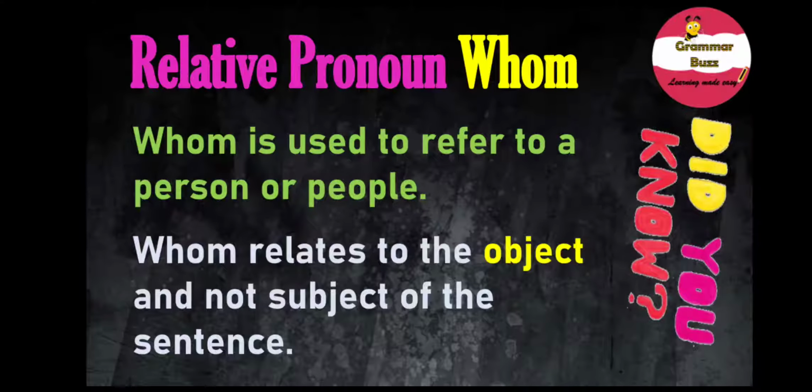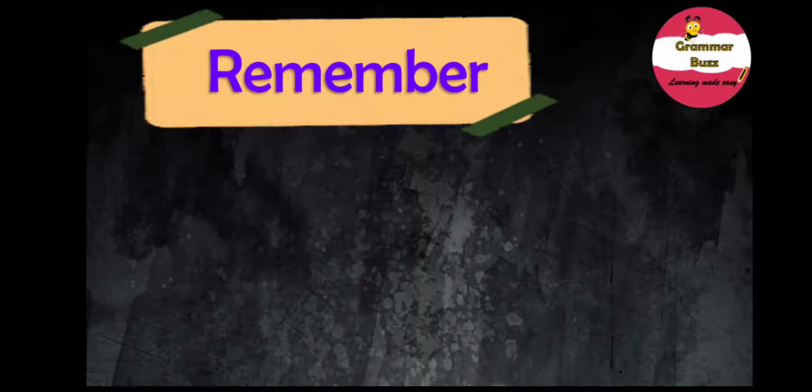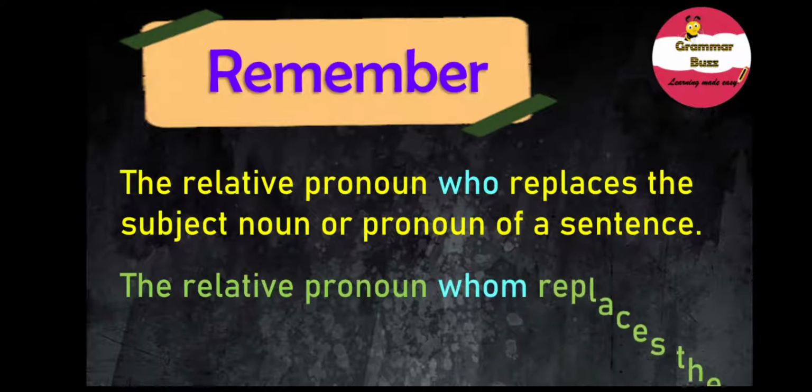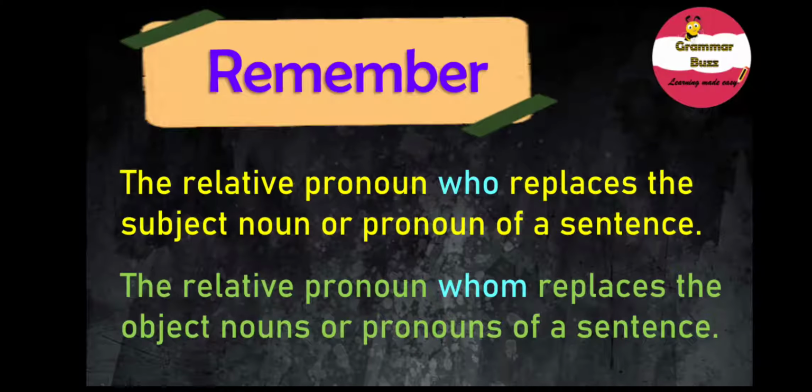Well, you know what? We have our first remember. And what do we need to remember? Well, all that we need to remember is the relative pronoun who replaces the subject noun or pronoun of a sentence. However, the relative pronoun whom replaces the object nouns or pronouns of a sentence.